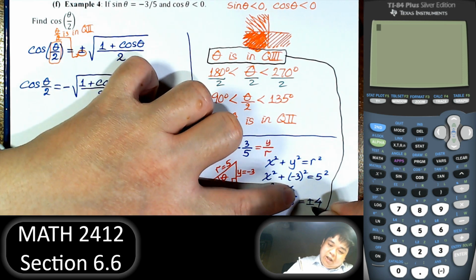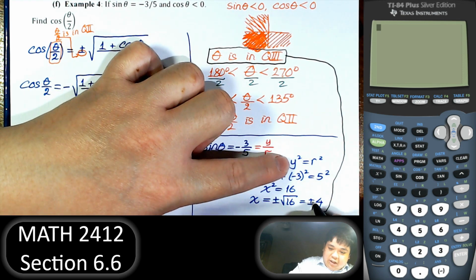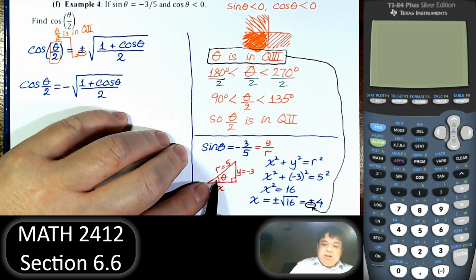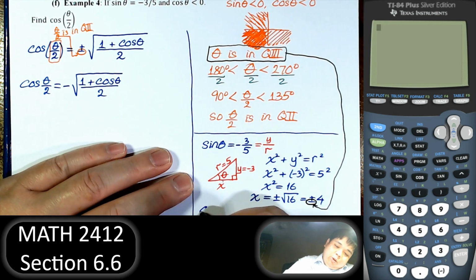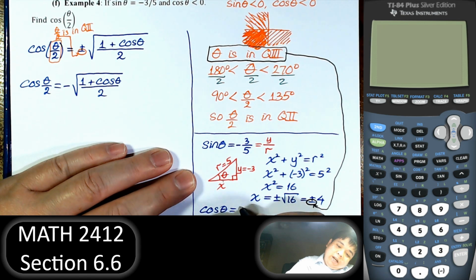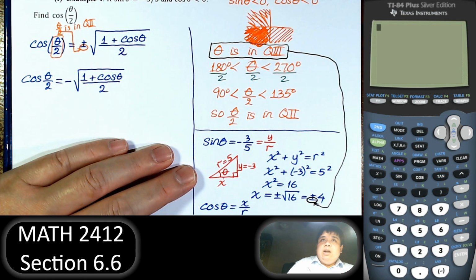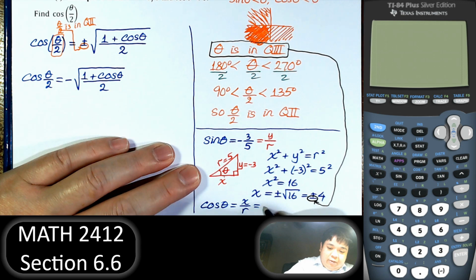In quadrant 3, the x values will be negative. We're talking about angle theta here. So cosine of theta will be x over r, which will be equal to negative 4/5.